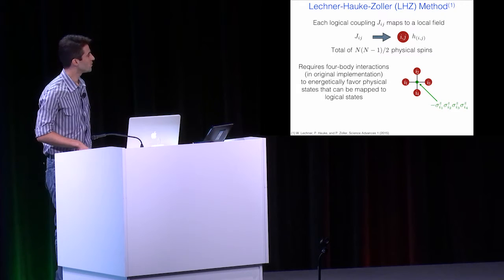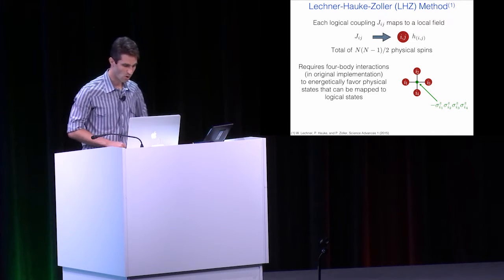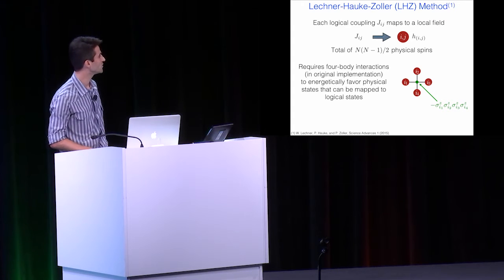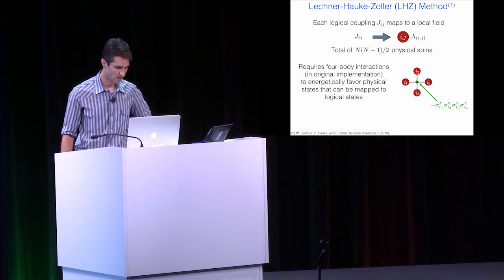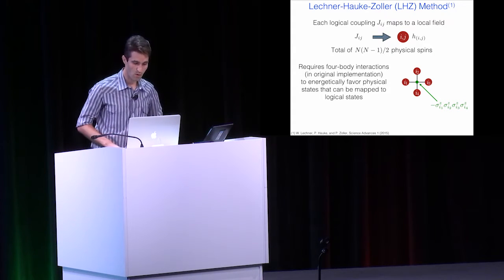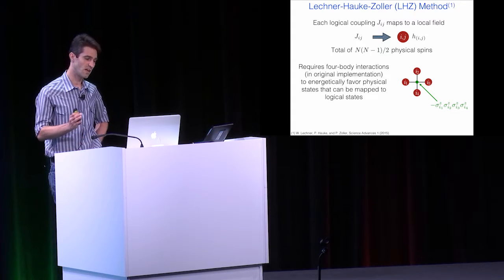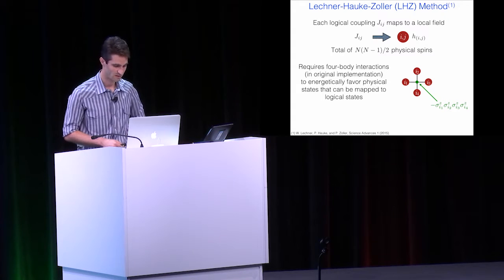In order to make this mapping work, you need to introduce four-body interactions, at least in the original scheme. That's the simplest way to do it. Essentially what this four-body term does is energetically favor physical states that can be mapped to logical states.